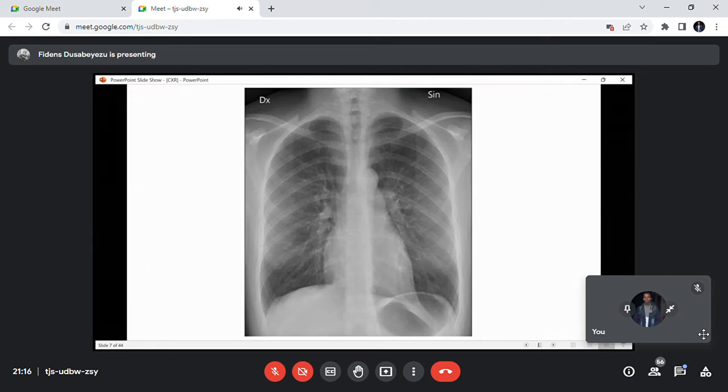But on a chest radiograph, you cannot divide the lungs into those lobes, because the fissures are not seen. So what radiologists did was sit down and say, let us divide the lungs into what we call zones, to facilitate locating a region or a disease.